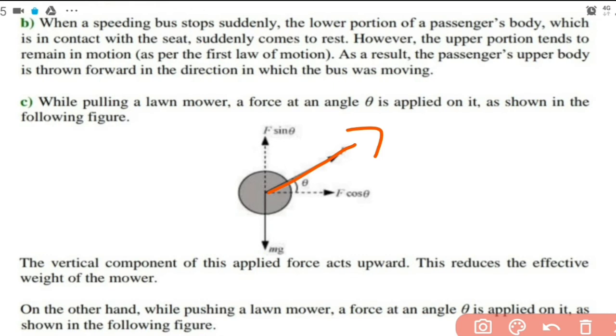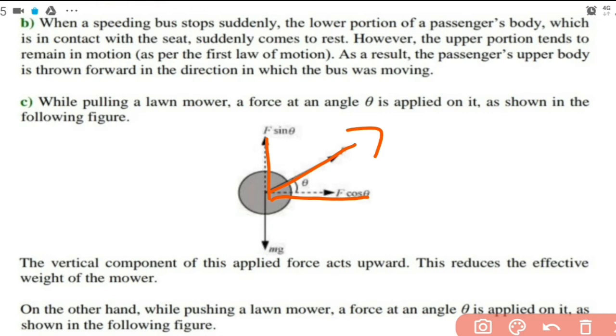You can resolve that force into two components: F cos theta and F sin theta. When we pull the object, the F sin theta component acts in the upward direction, while the body's weight acts in the downward direction.